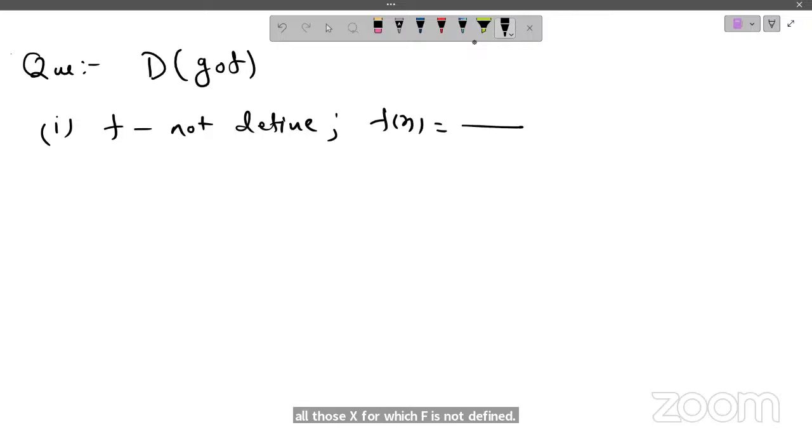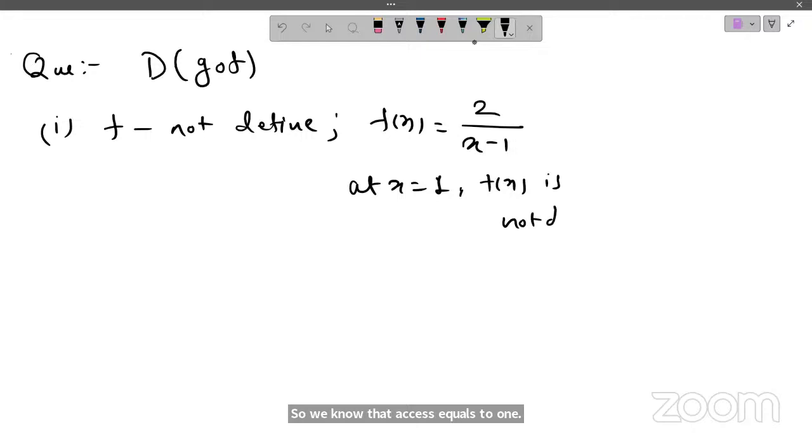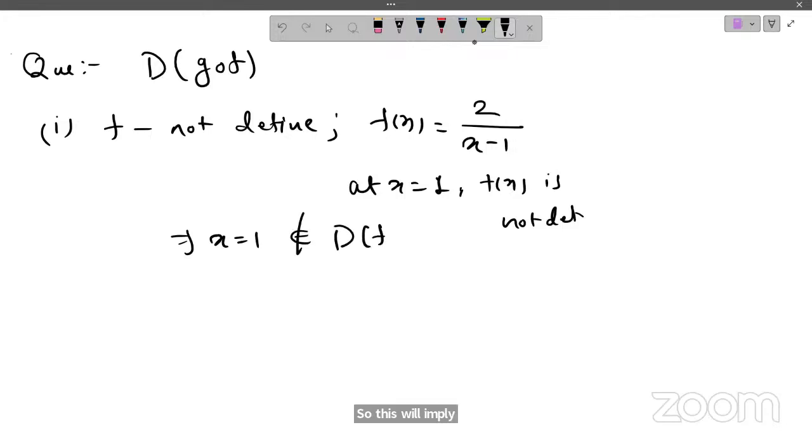Our f of x is 2 upon x minus 1. So we know that at x equal to 1, f of x is not defined. So this implies x equal to 1 does not belong to the domain of g composite f. This fact is clear? Karishma, is it clear? Yes. Okay, it should be g o f.